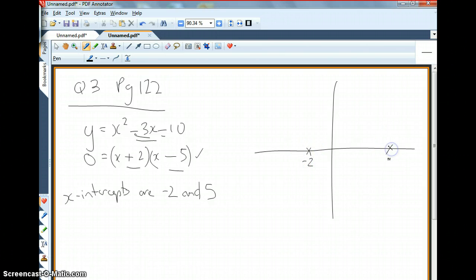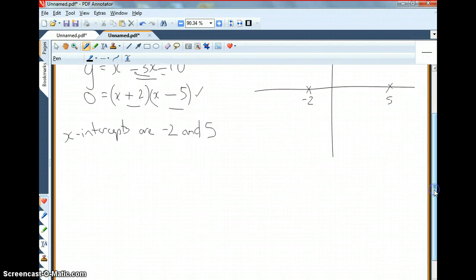Positive 5 goes there. I found the x-intercepts. What's the next step? Okay, we'll do that one first. Find the y-intercept. Make what? Make x 0.